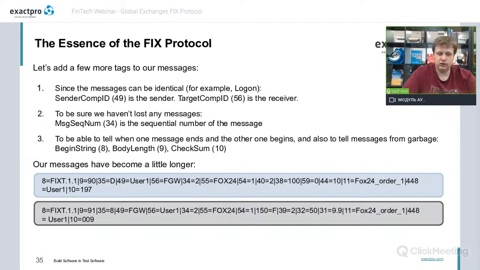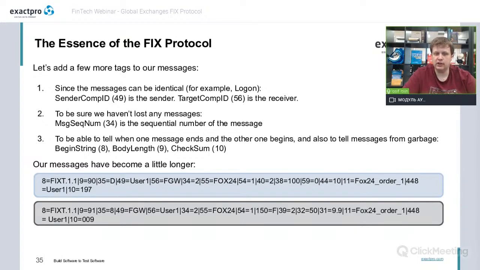There is also a method for maintaining the sequence of the messages, to check if there were any gaps during disconnects or any problems on either side of communication between the trading parties, and it is implemented using the tag MsgSeqNum.